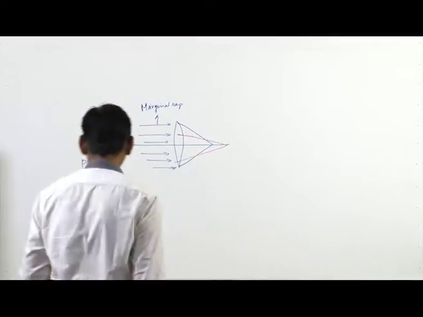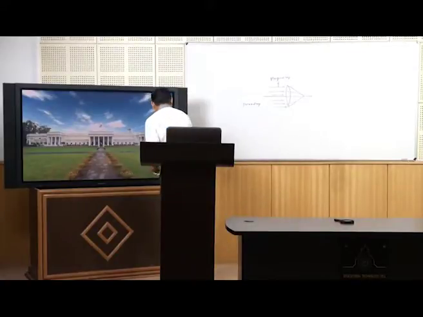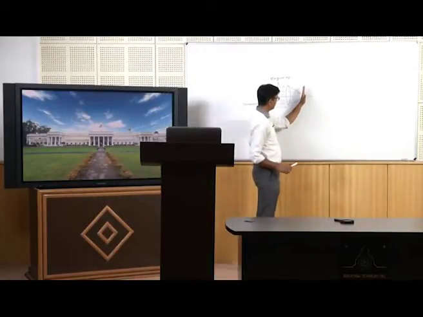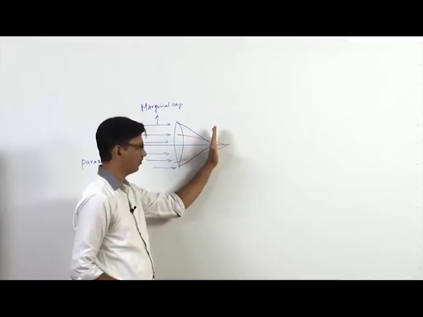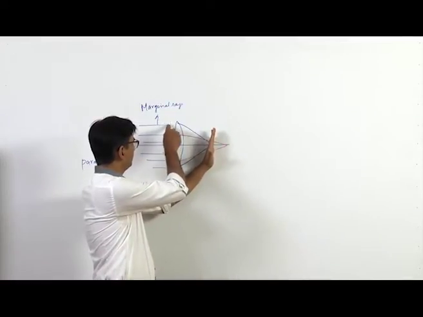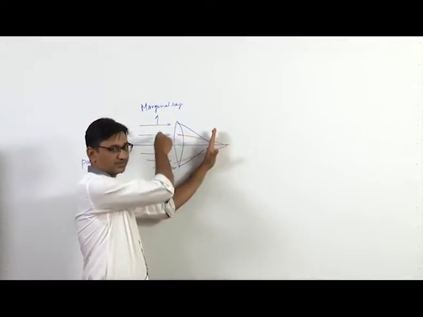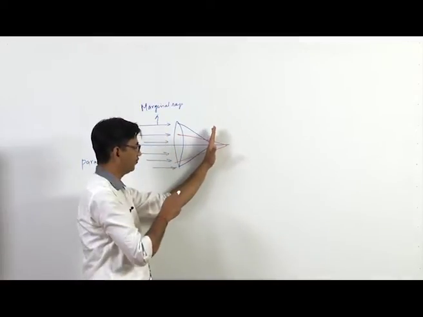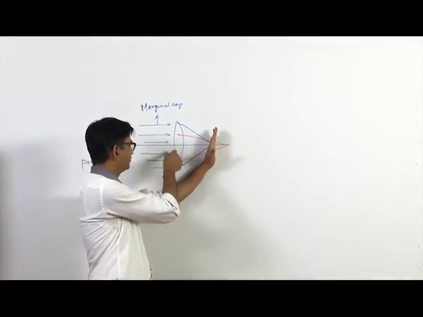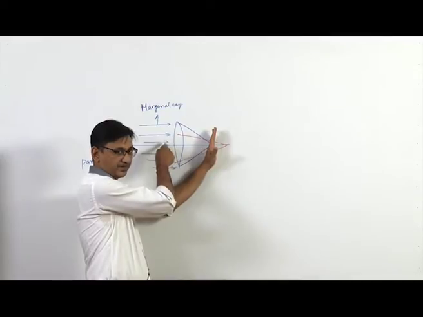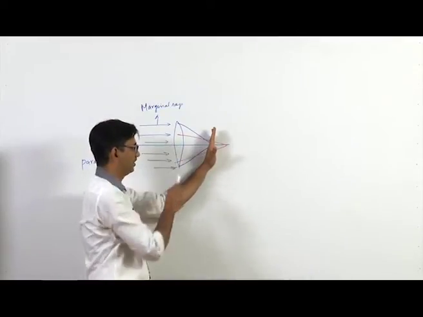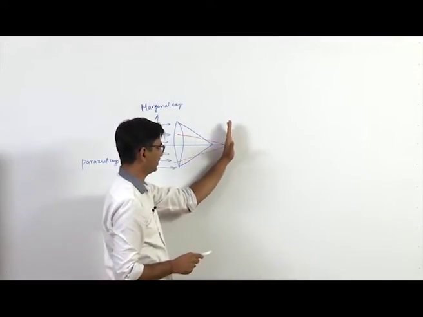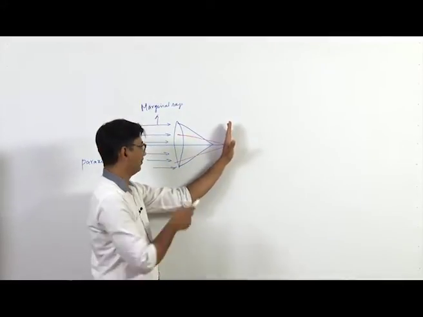So, what happens now? Suppose I keep my screen or my eye at this point, what will happen? The features which are on the outer side of the lens will be in focus, and the features which are coming from the center of the lens will be out of focus. If I change the position of the screen to this one, what will happen now?